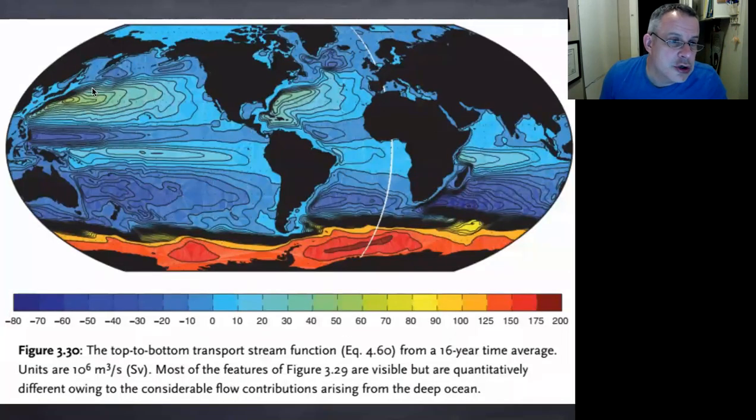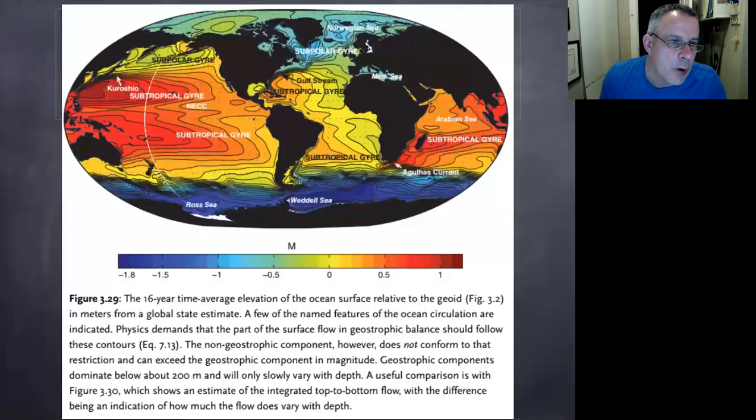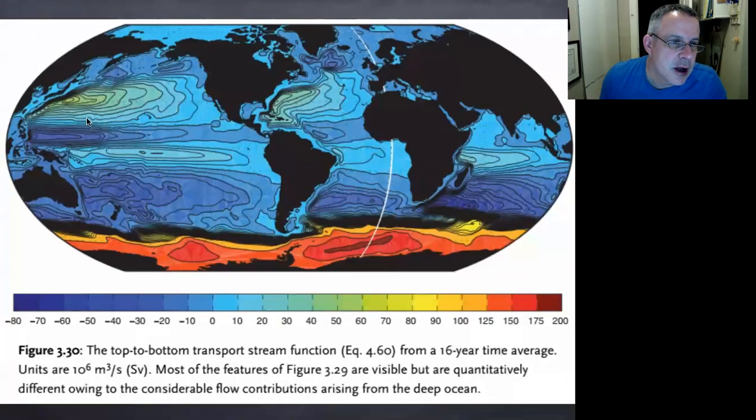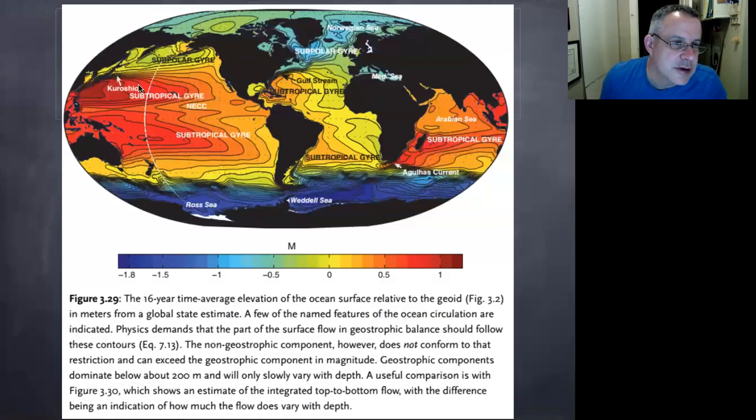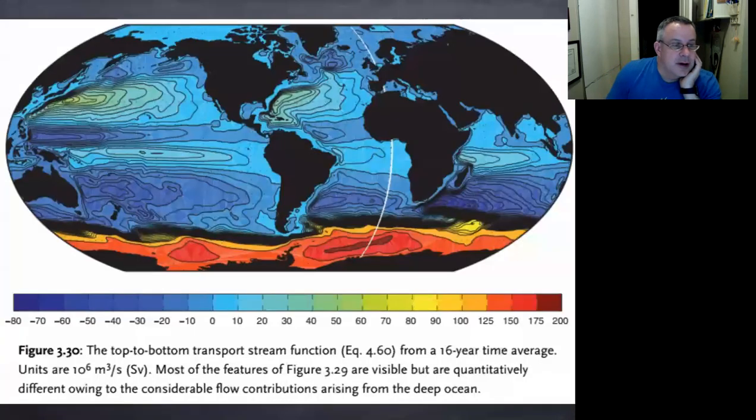The transport stream function, that is the vertically integrated transport of mass, looks a whole lot like the pressure field. So regions that are going clockwise in the northern hemisphere and counterclockwise in the southern hemisphere are the high pressure zones on this map. And regions that are going the other way are the low pressure regions of this map.